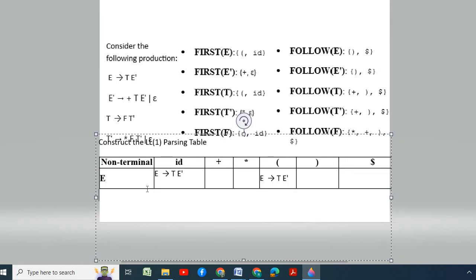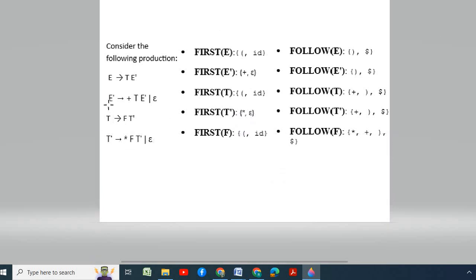So like this we have to write. So in ID and open parenthesis, we have to write E tends to T dash. What is the next production? Next production is E dash tends to plus T dash and epsilon. So we have to write this production in first of E dash. This E dash production has two split up: one is plus T dash and epsilon. Let us consider the first thing, that is E dash tends to plus T dash.